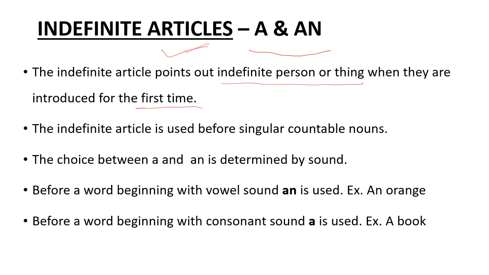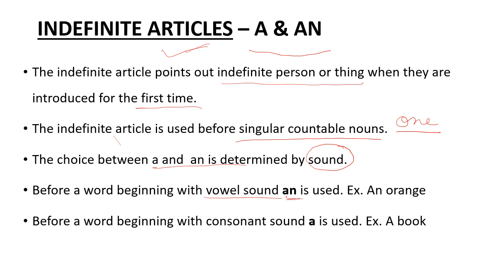Second is that the indefinite article is used before a singular countable noun. Singular countable noun means when the noun is one in number. Now, where should we use a or an? The choice between a or an is determined by sound, the sound of that noun. Before a word beginning with a vowel sound, an is used.